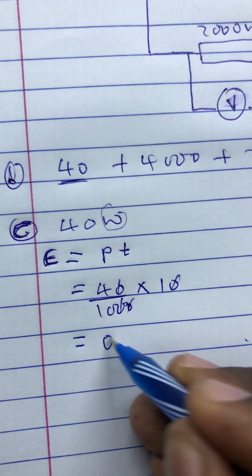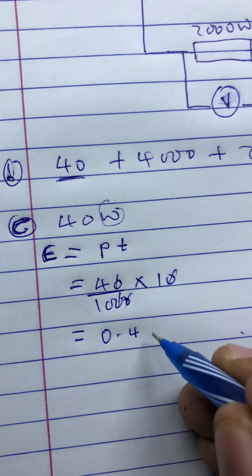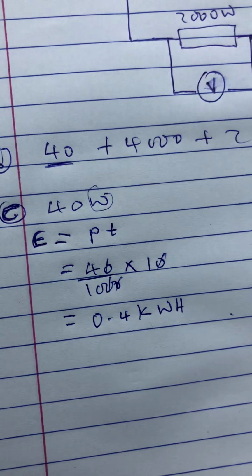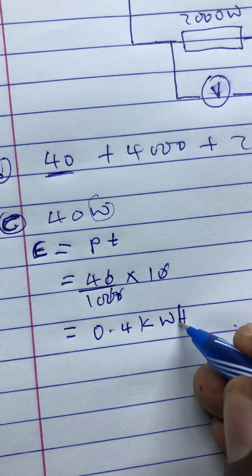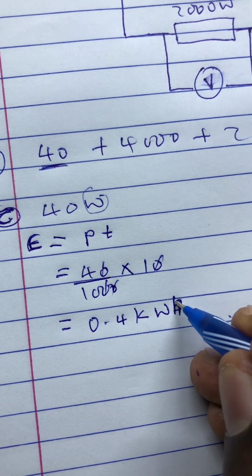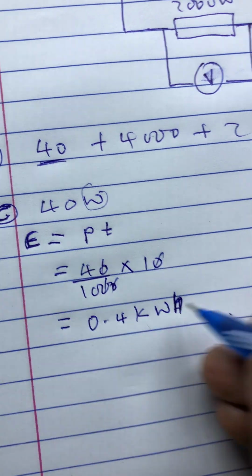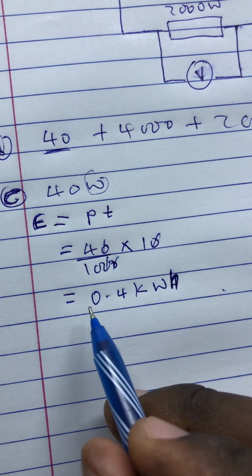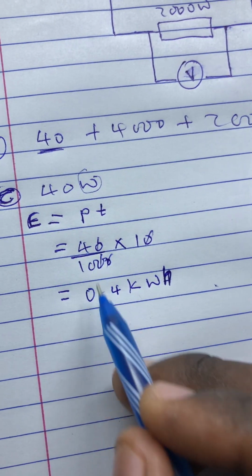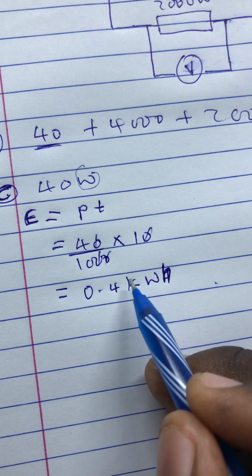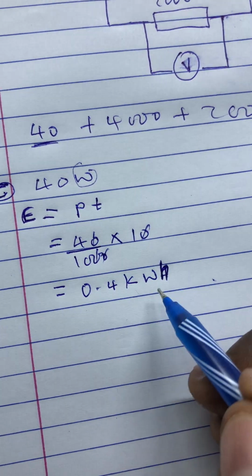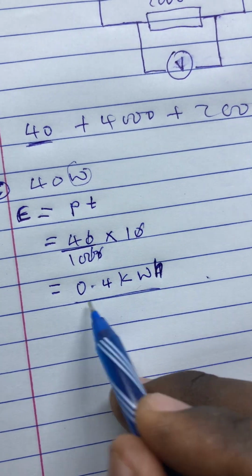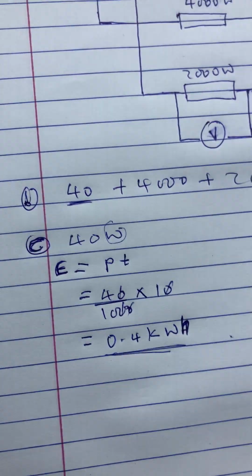So you're going to have 0.4 kilowatt hour. I've converted this 40 watt into kilowatts. That's why you're seeing the kilowatt here. At first it was in watt, and the time, hour, is representing the 10 hours that it was running in a day. Okay, for 40 we are done.